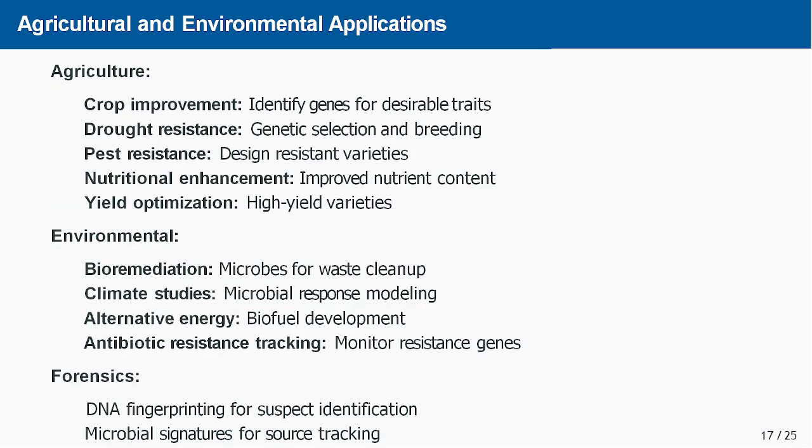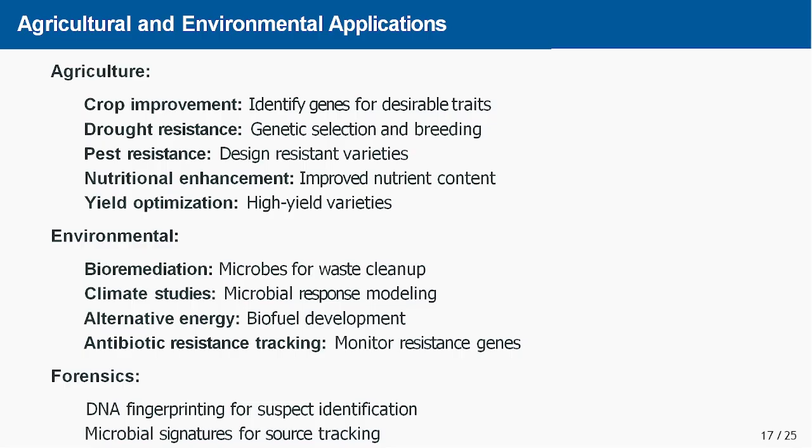Agricultural and environmental applications are also there, like crop improvement: identifying genes for desirable traits such as drought resistance, selecting genetics and breeding, pest resistance, nutritional enhancement, yield optimization. Everything can be adjusted by adjusting the genotype.